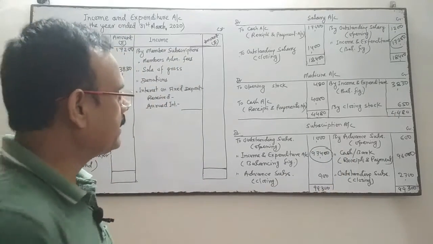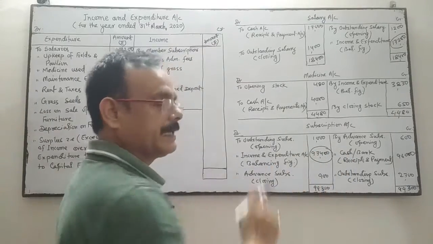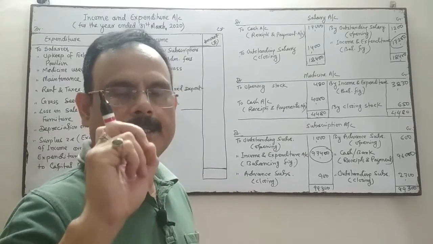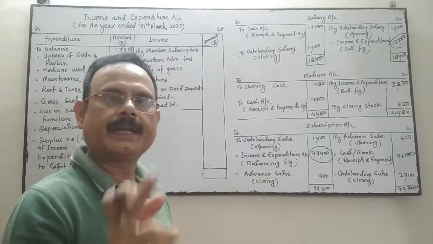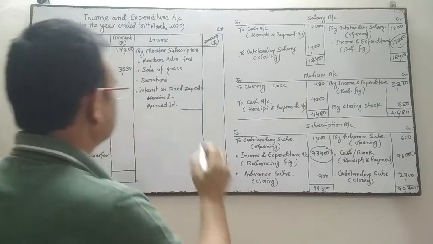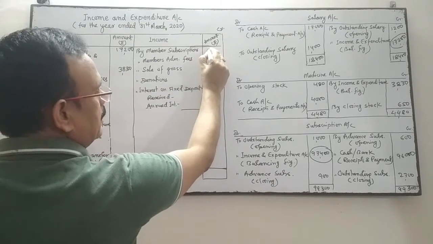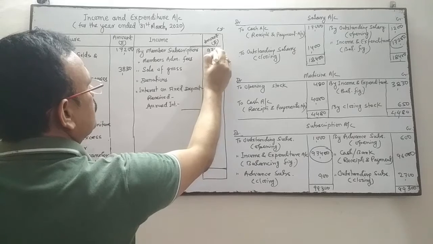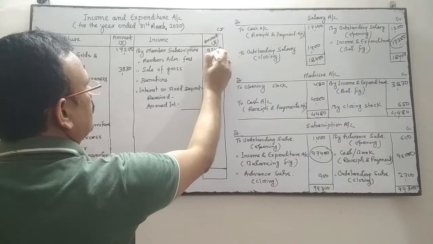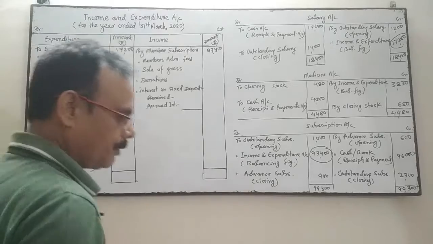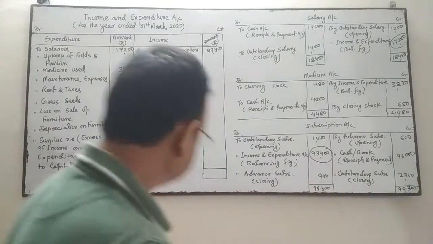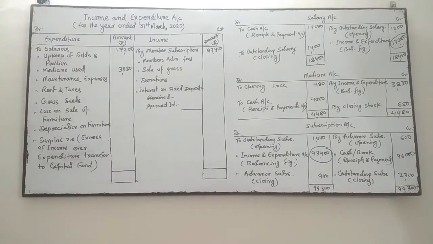This indicates that this much subscription is earned in the financial year 2019-20. So this amount, we'll write it as subscription earned, 97,400. Now come to the debit side, the expenditure side of the income and expenditure account.